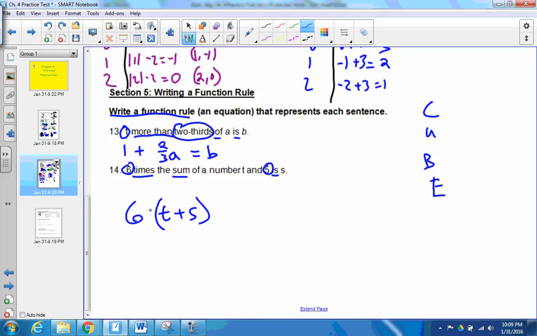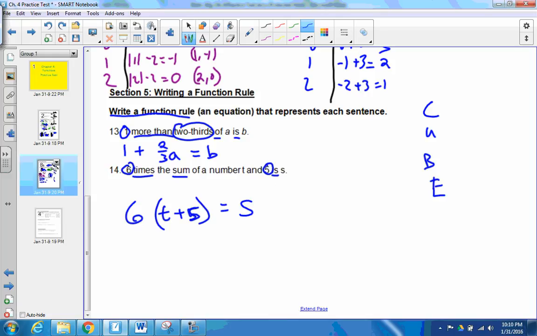So 6 times that is s. Let's not get our 5s and our s's mixed up. There is s. So 6 times the sum of a number t and 5, so that's t plus 5. 6 times that is s. There we go.